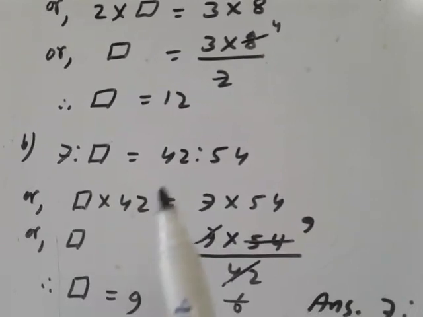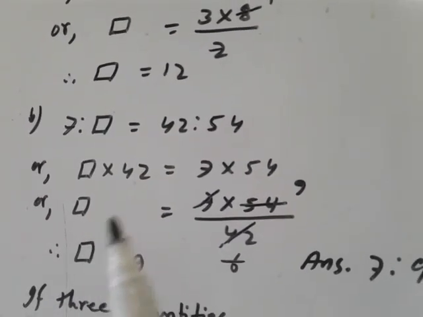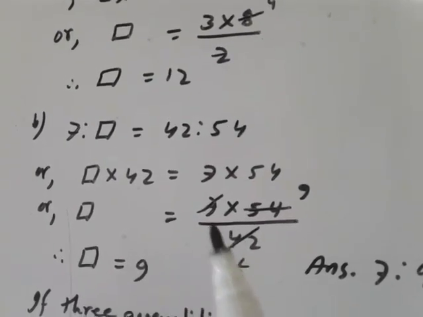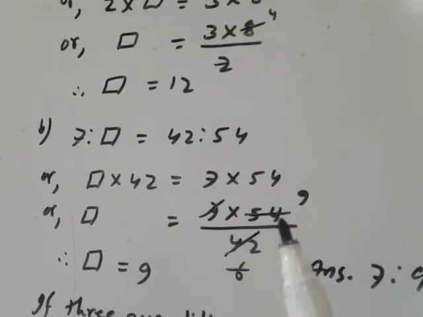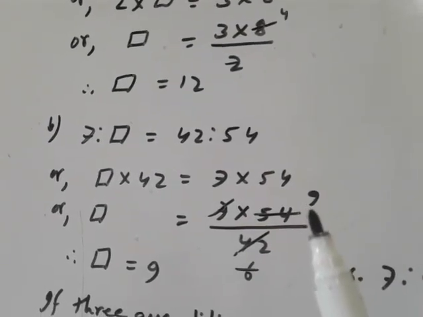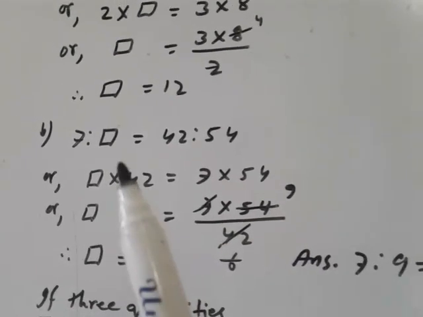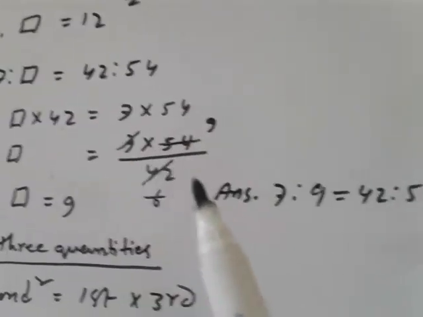Second quantity is box and third quantity is 42. If we want to find the blank, then 42 will be divided by 7, it will be 6. 54 divided by 6 will be 9. Therefore, in the blank there will be 9. The second quantity will be 9. Therefore, the ratio will be 7:9 equal to 42:54.